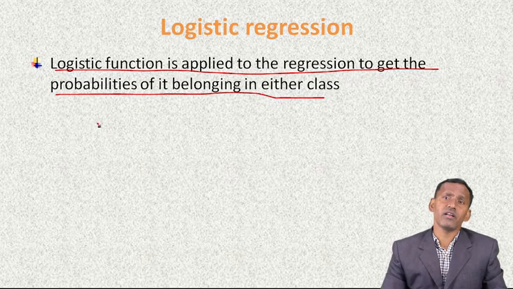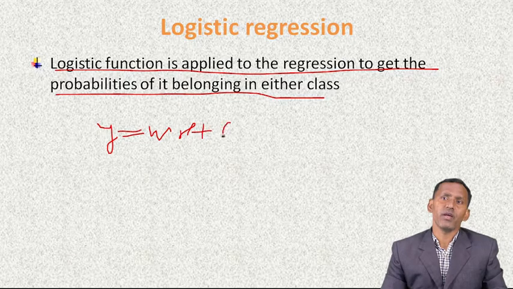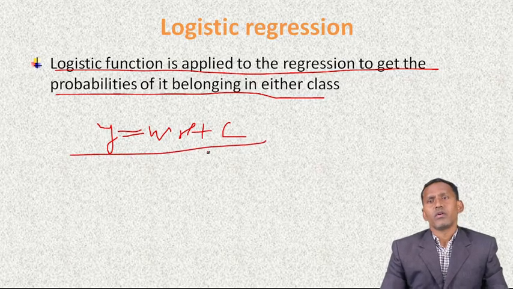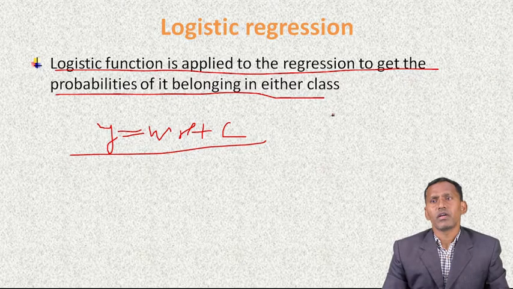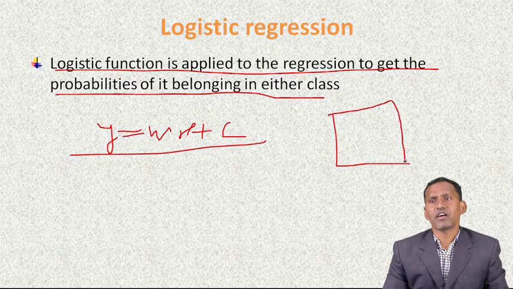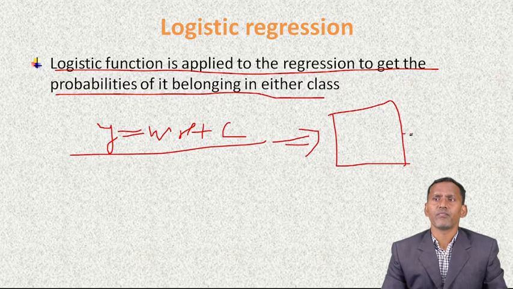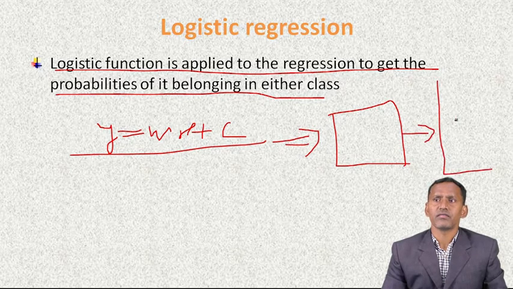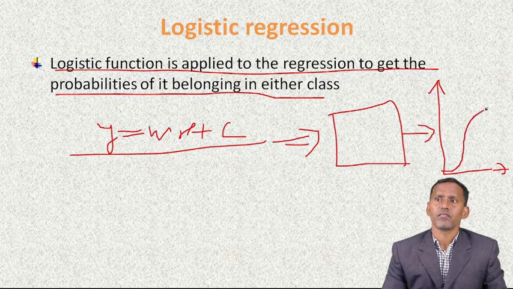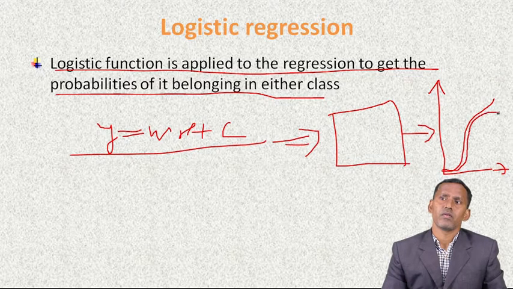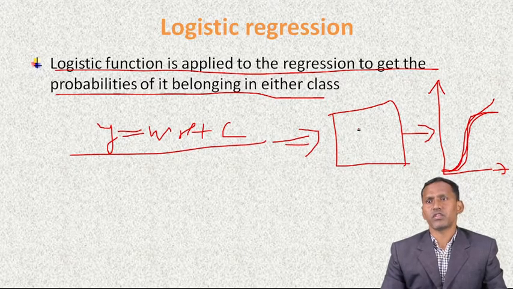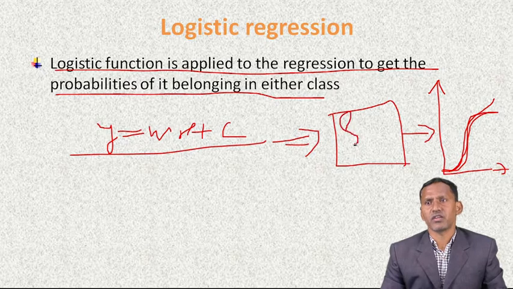That means after getting this mx plus c, we have to give it to the sigmoid activation function. This sigmoid activation function will give us output like this. So this is the sigmoid activation function.